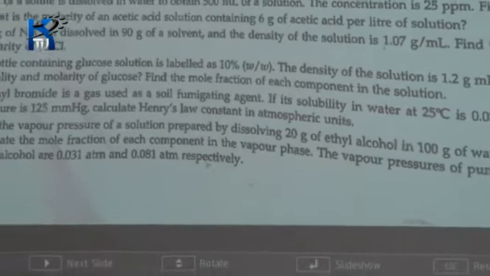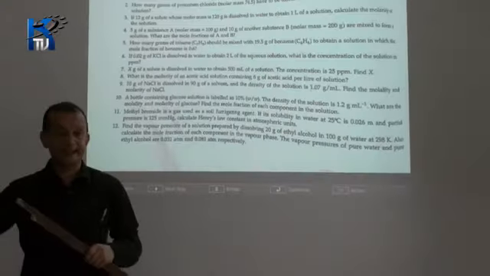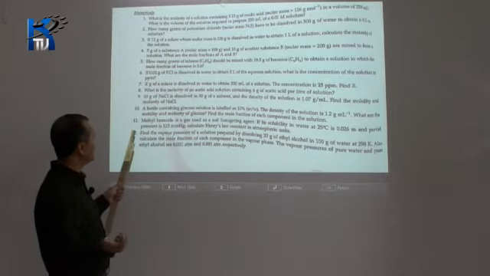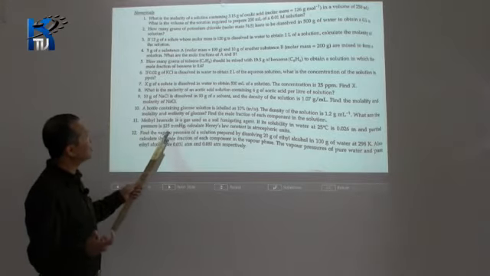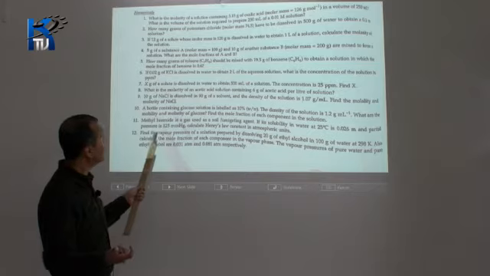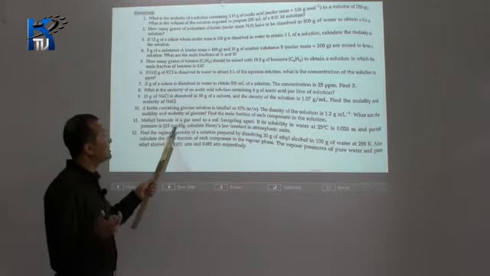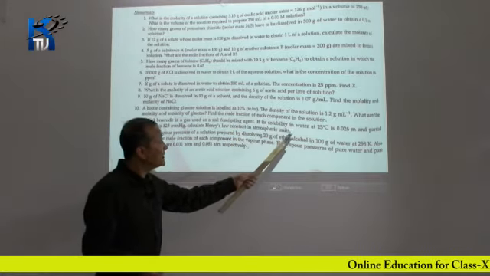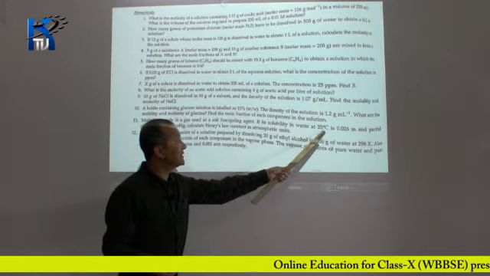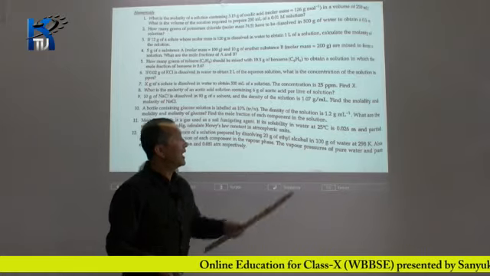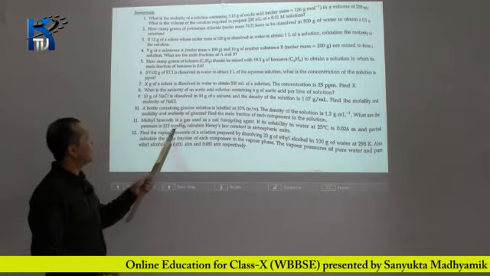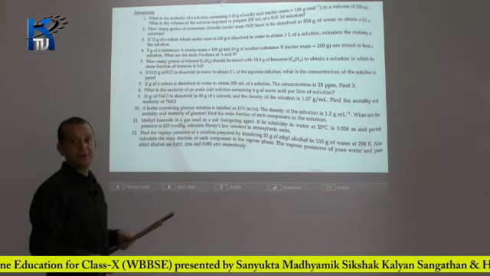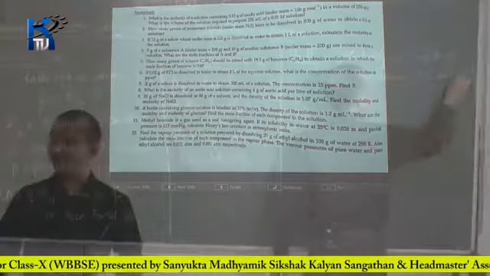Again I am repeating the question: methyl bromide is a chemical used as a soil fumigating agent. Its solubility in water at 25 degrees centigrade is 0.026 molal, and the partial pressure is 125 mm of mercury. Calculate the Henry's law constant in atmospheric units. Let's come to the green board and solve this problem.